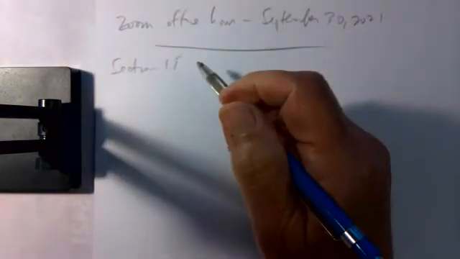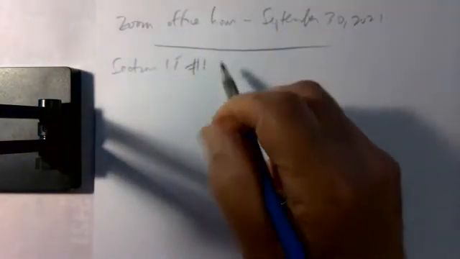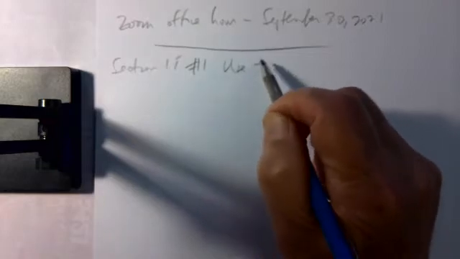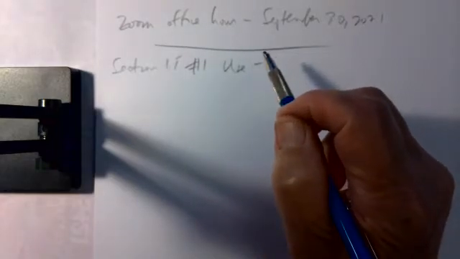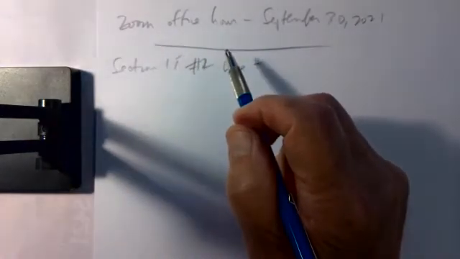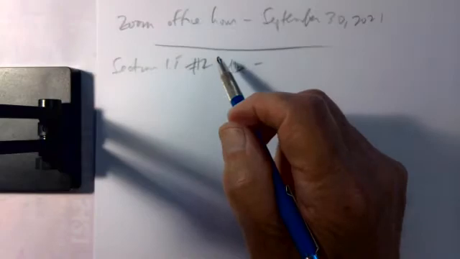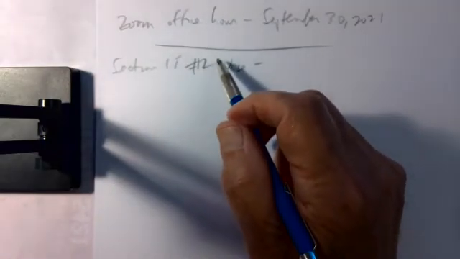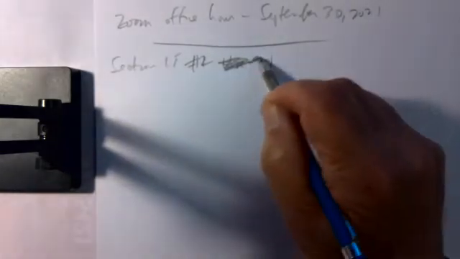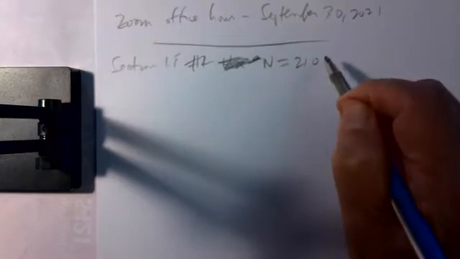Section 1.5, number 1 is to... I knew how to do one. Is it 2 or 3? Number 2. So we let n be equal to the number 210.